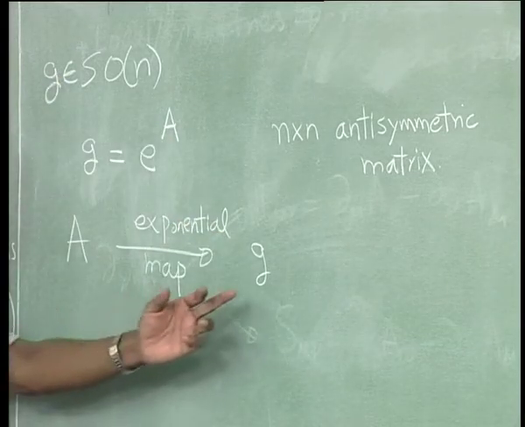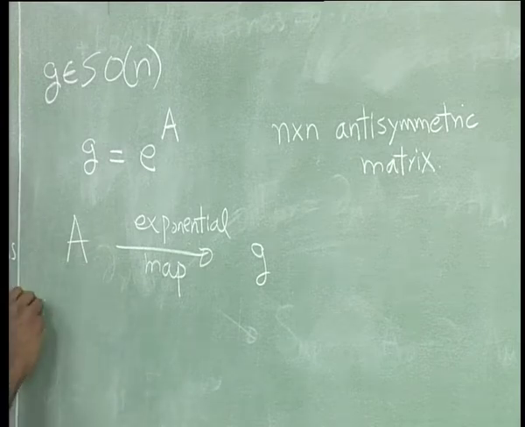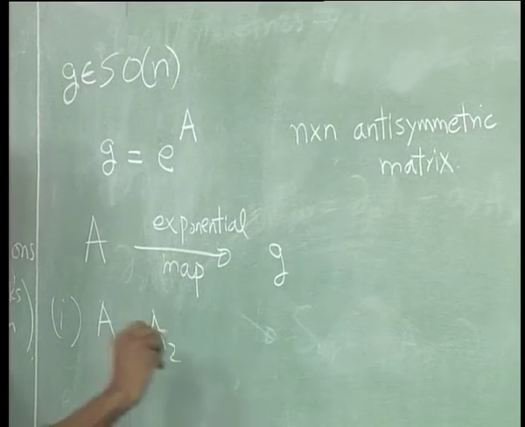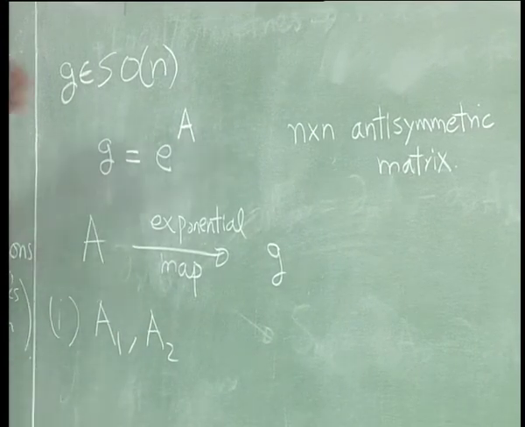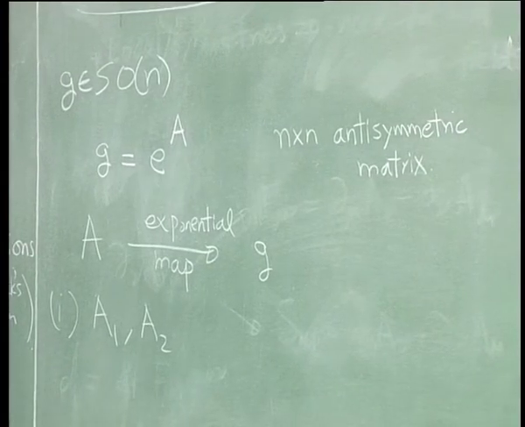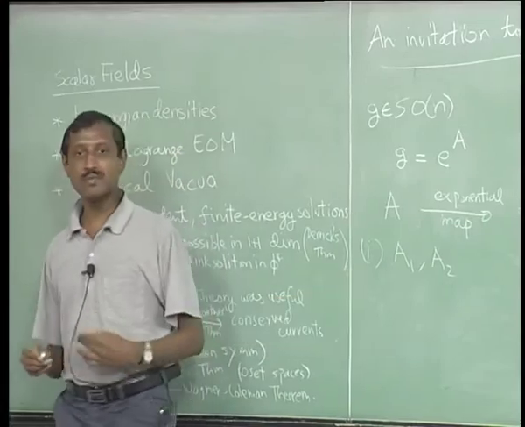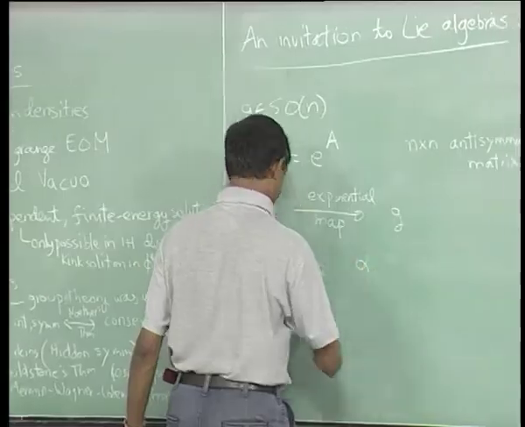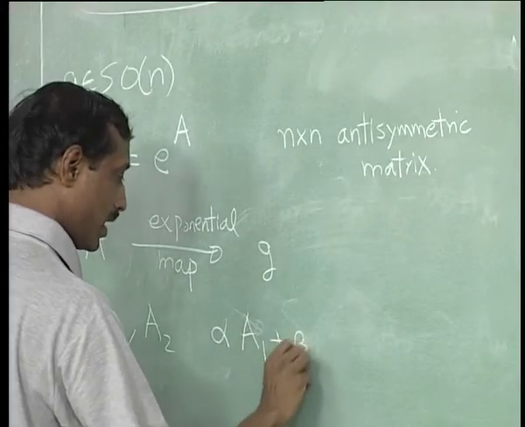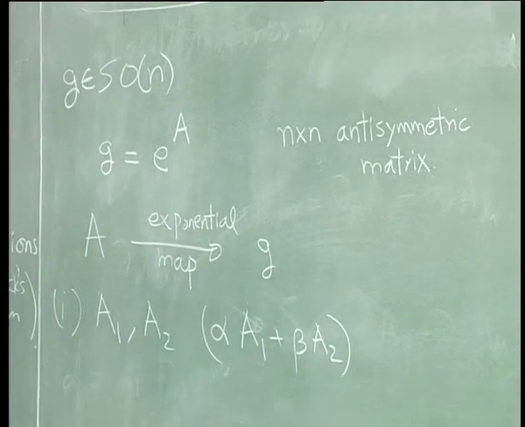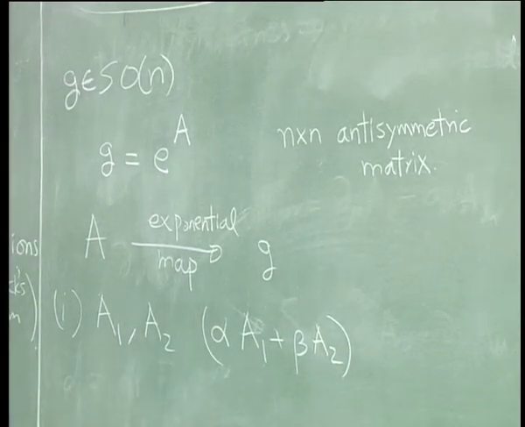So, the first point is, let us look at this. If you give me two antisymmetric matrices, at least for the next two half boards, when I use the symbol A, it just means antisymmetric matrix. One property is, if I take alpha A1 plus beta A2, that is also an antisymmetric matrix. So, this is roughly the structure of a vector space.